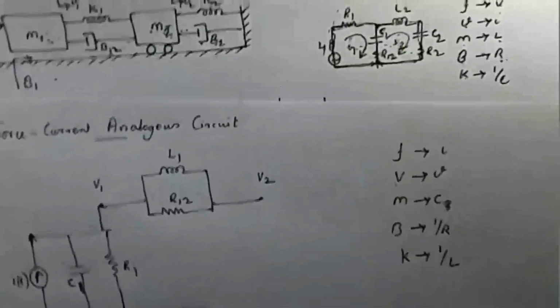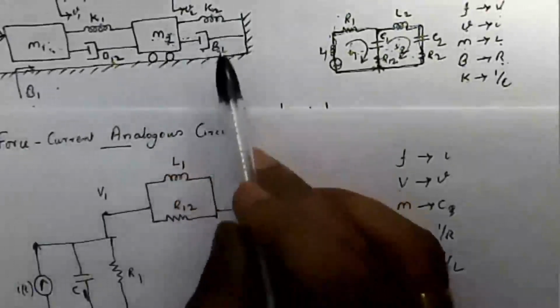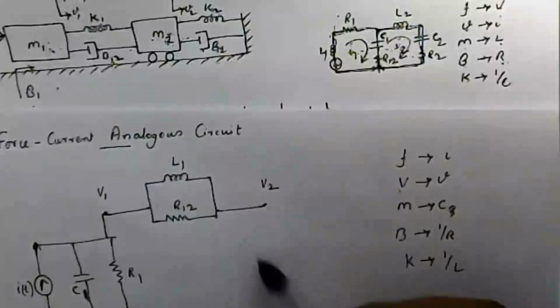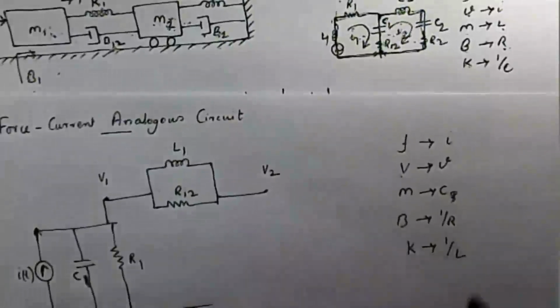The last node, second node: 1, 2, 3, M2, K2, B2. These three are individual branches. I draw the individual branches perpendicularly, but all are in parallel.